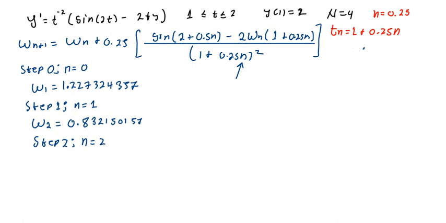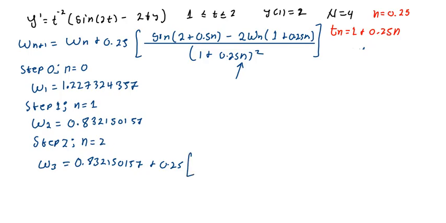Yeah. So it simply means this is going to give us w3 is equal to. So here what happens is that where there is wn, we are substituting with w2 because n is equal to 2. Okay, so we have gotten 0.8321505157 plus 0.25.